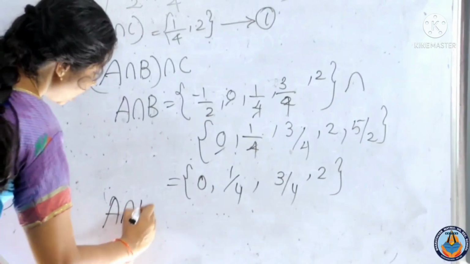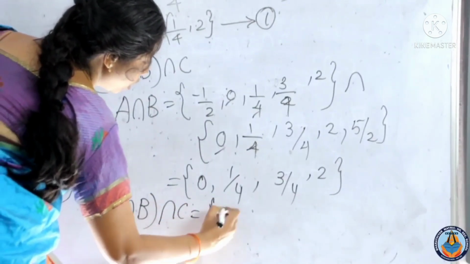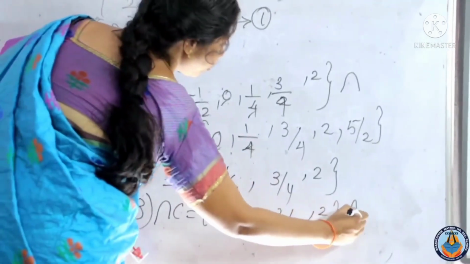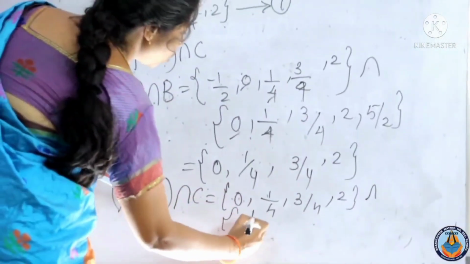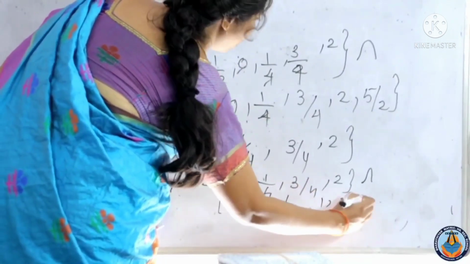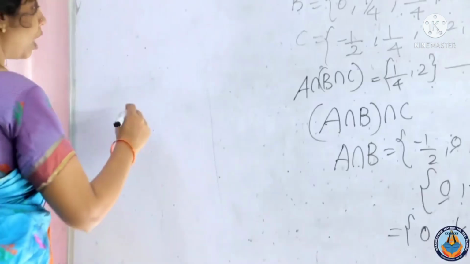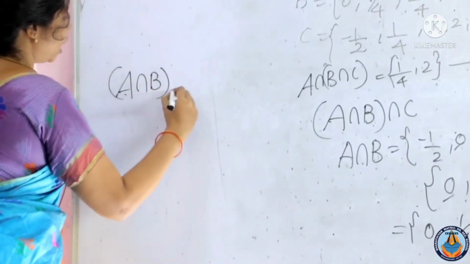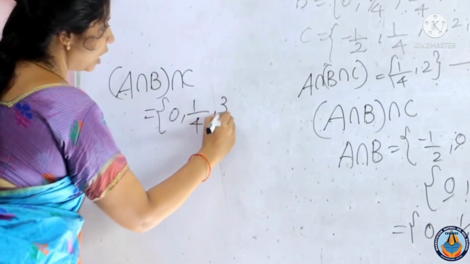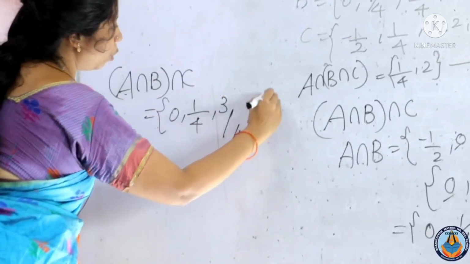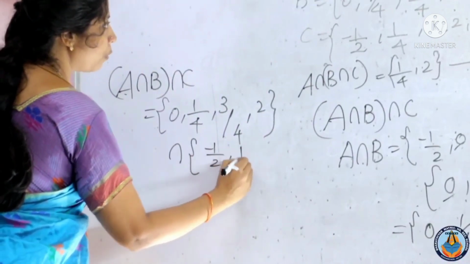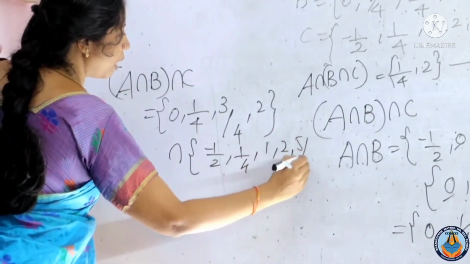Now you have to find A intersection B intersection C. 0, 1/4, 3/4, 2 intersection -1/2, 1/4, 1, 2, 5/2.